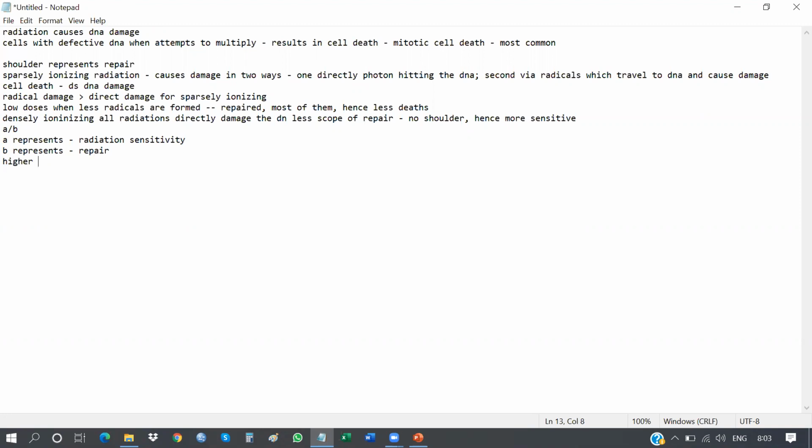So higher the alpha by beta, higher the sensitivity, and lower the alpha by beta, higher the repair. Okay, remember this. So normal tissues have a higher repair mechanism, and that's why they are considered as 3, and tumor tissues are considered as more sensitive, that's why they are considered as 10.